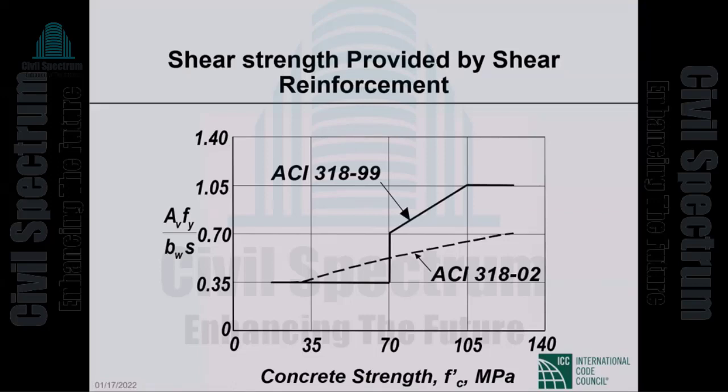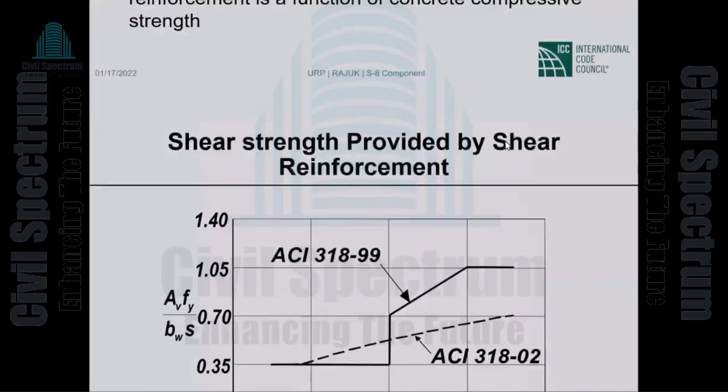That 2 times minimum went up to 3 times minimum for 15,000 psi, and then it remained level. In 318-02, we abandoned those abrupt changes, and we provided minimum shear reinforcement that varies with compressive strength of the concrete. Okay, so that's what we were.